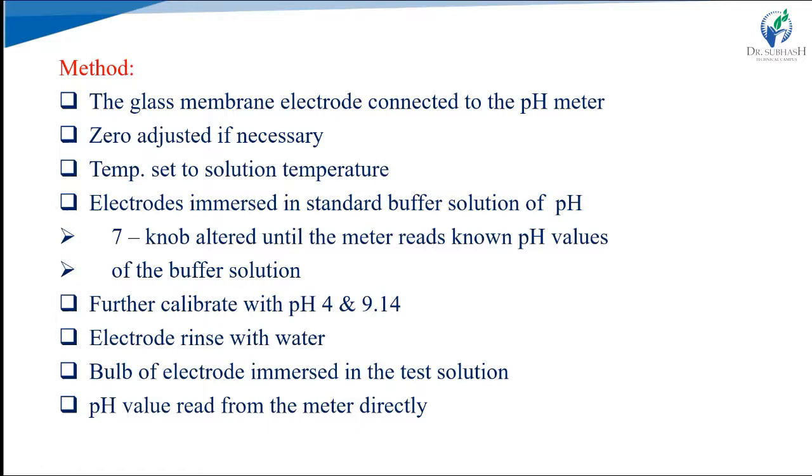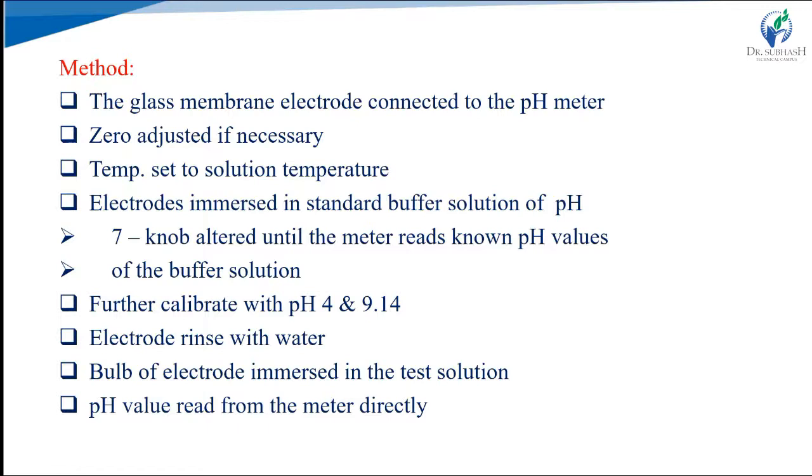We go for calibration with standard buffer solutions like pH 4, 7 and 9. The electrode is rinsed with water. Then we immerse the electrode in the test solution, our measuring solution, and read the pH value on the digital meter. So directly we can find out the pH.